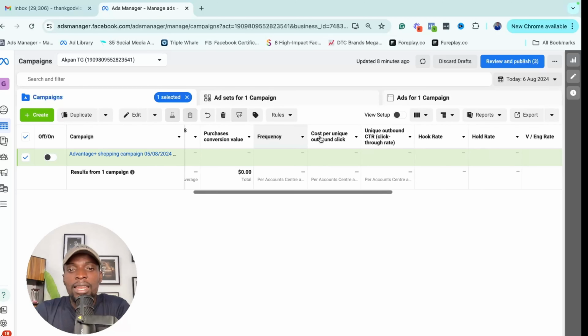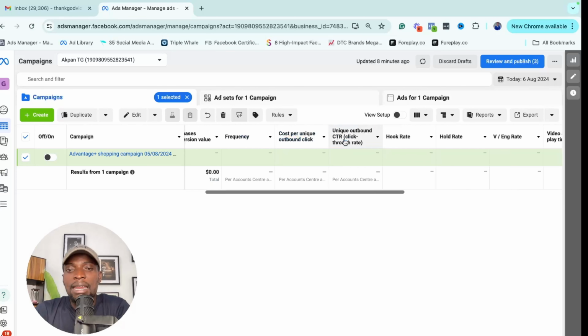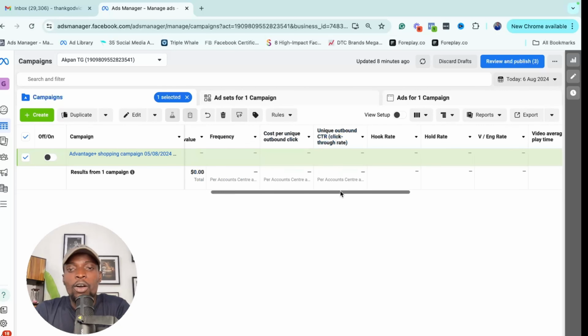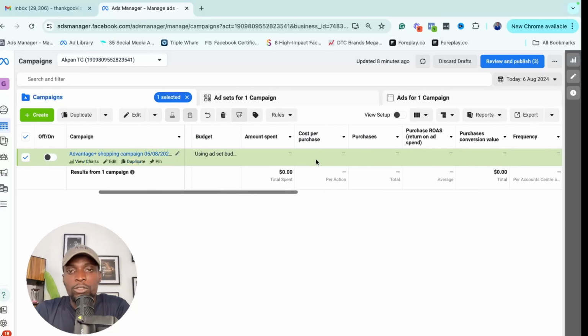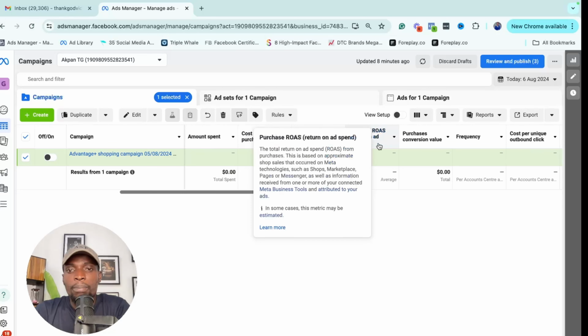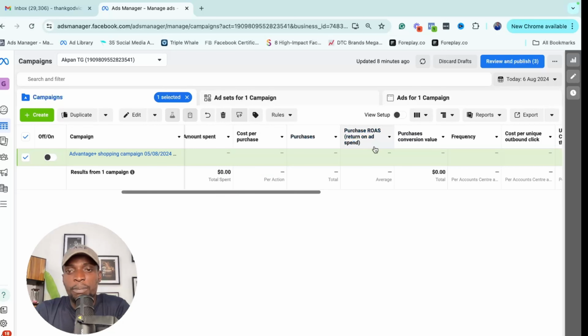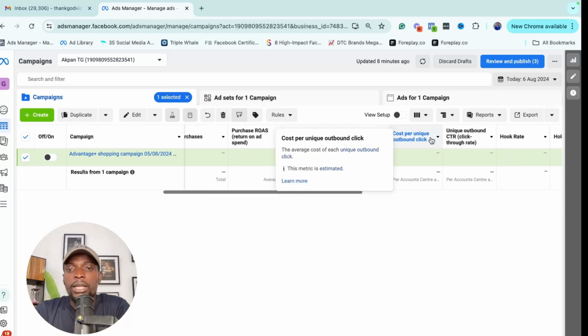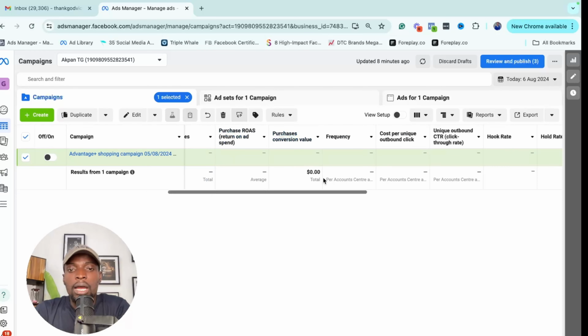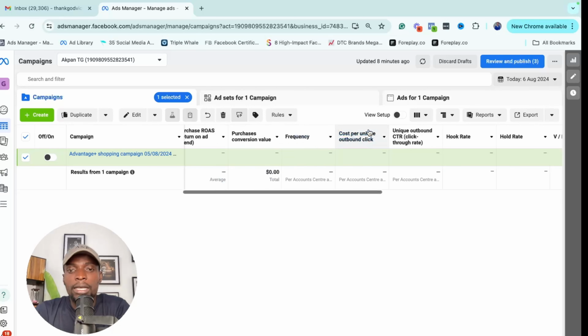The next thing I look out for is my creative metric. Now, these are all the performance metrics: your amount spent, your cost per purchase, your purchase ROAS on ad spend, purchase conversion value, the frequency. These are things to look out for. And if you're starting to look into your ad metric, that is where you begin to look at your cost per outbound click.